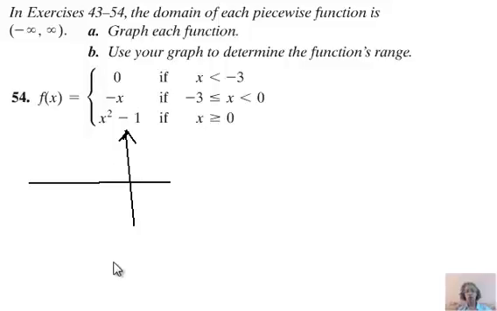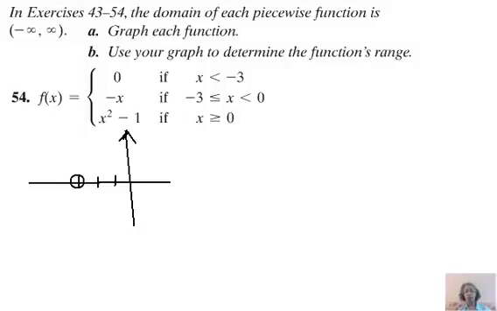So what we'll want to do is show clearly where that is. And notice this is the value of x if x is less than negative 3. So I'm moving to the left. So I have an open circle at x equal negative 3.